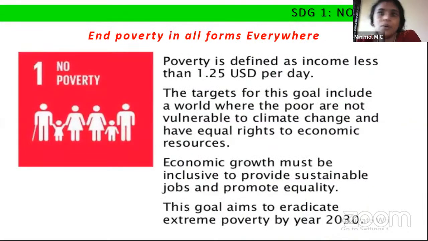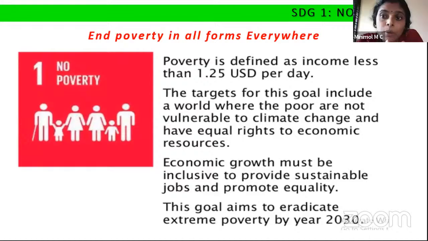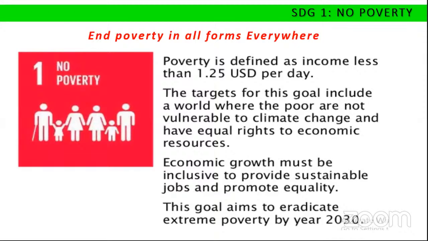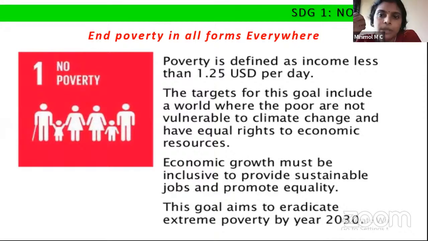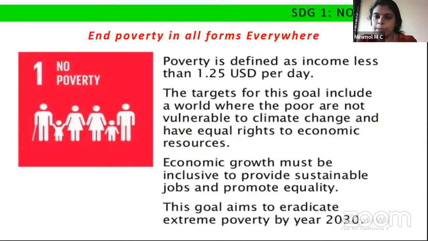The first SDG goal is no poverty. The goal aims to end poverty in all forms everywhere. Poverty is defined as income less than 1.25 US dollar per day. This goal basically includes a target for a world where the poor are not vulnerable to climate changes and have equal rights to economic resources.